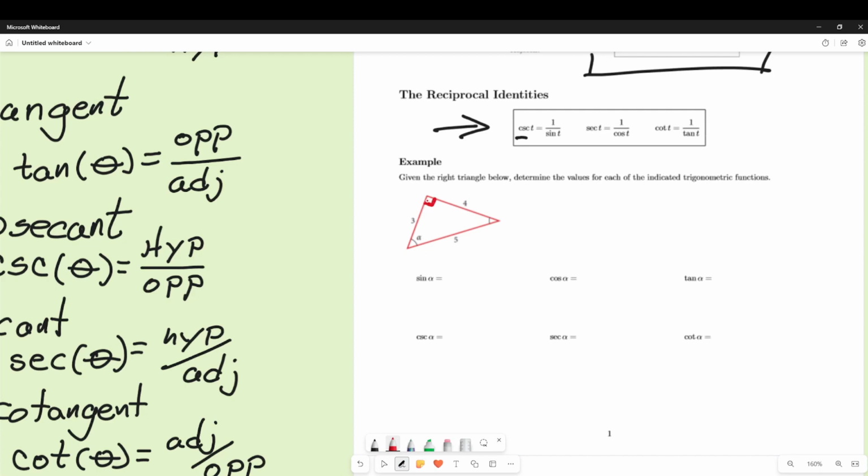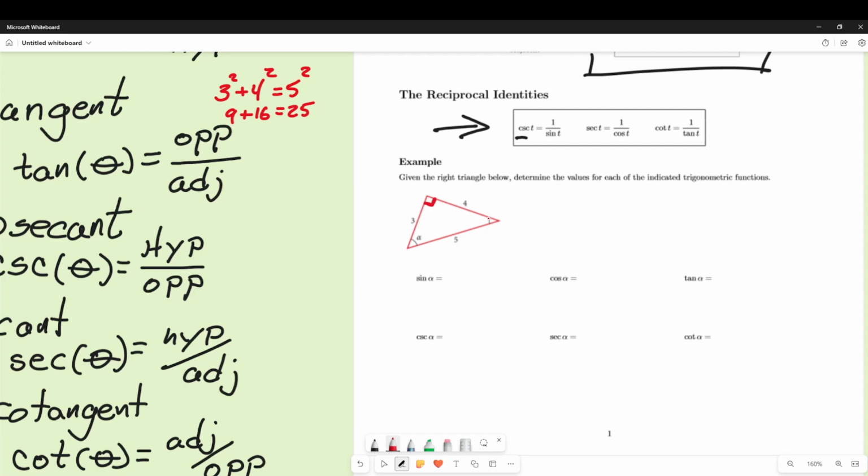But you will remember, if you're ever wondering if something's a right triangle, you can always use the Pythagorean theorem to check the fact that 3 squared plus 4 squared, does that equal 5 squared? For it to be a right triangle, the Pythagorean theorem has to hold. So is 9 plus 16 equal to 25? Yes, it is. So that is indeed a right triangle.